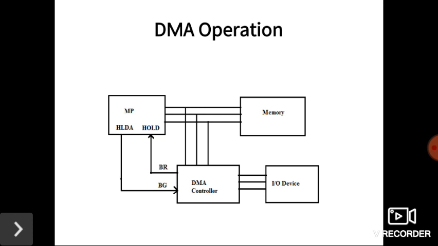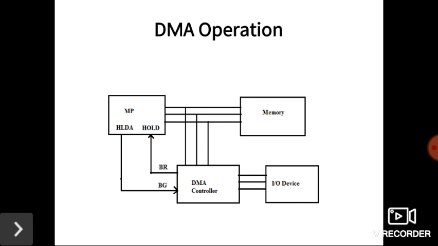The input-output device which requires a data transfer between the device and the memory sends the DMA request to the DMA controller. The DMA controller sends a hold request, HRQ, line to the CPU and waits for the CPU to accept the hold acknowledgement.